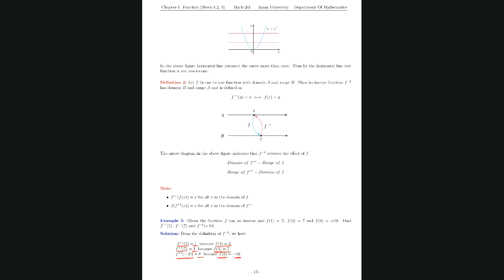Just opposite. Function f goes from a to b, then f inverse goes from b to a, opposite.